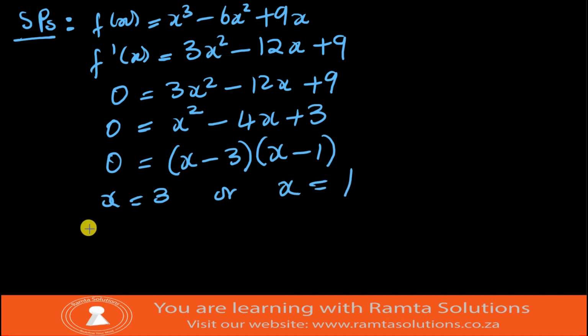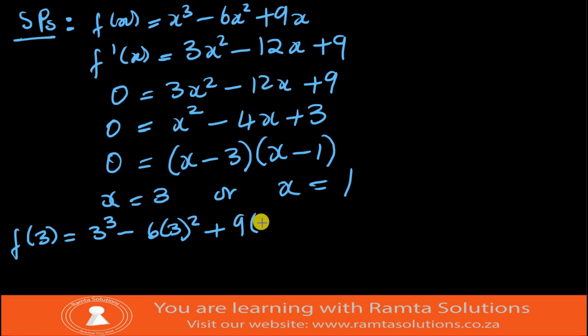Now remember what I had said: after you have obtained your x values, substitute them into your original equation. Now say f of 3. On f of x, where there's x you put a 3. So it'll be 3 cubed minus 6 into 3 squared plus 9 into 3.